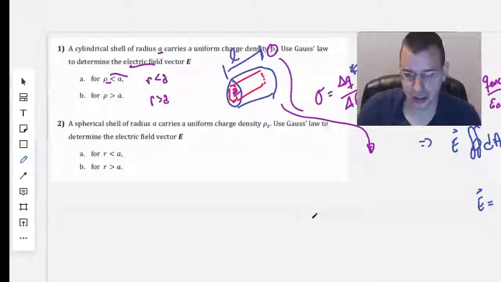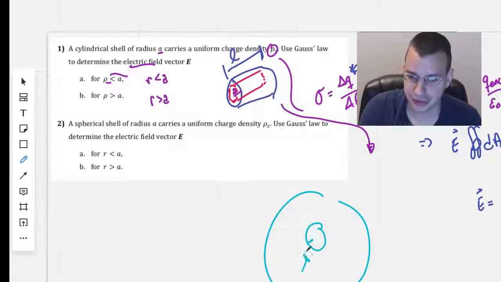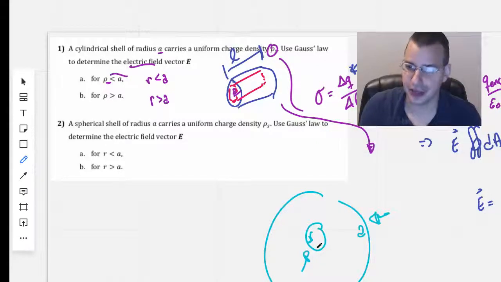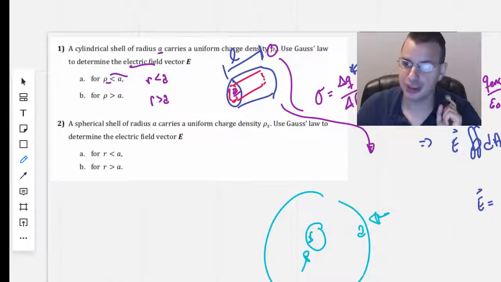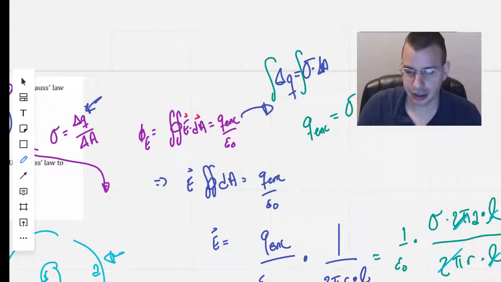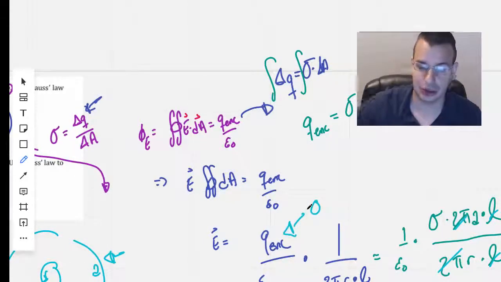So to look at this from a head-on point of view, this is where we're doing our Gaussian surface with radius r. This is A, that's where all the charge is. So when we have this Gaussian surface in the middle, our Q enclosed is 0 because we don't enclose any Q. So we do the same thing here, but then Q enclosed equals 0.